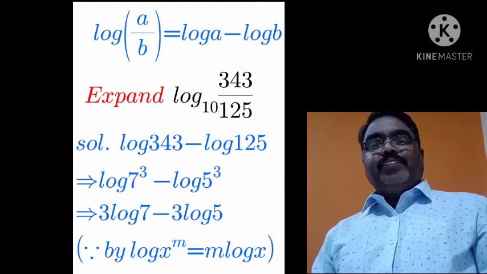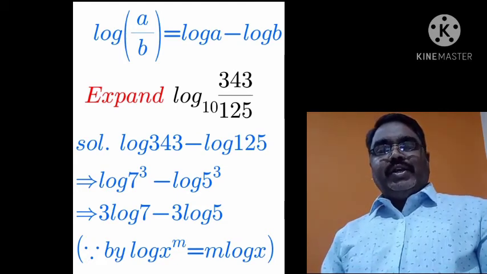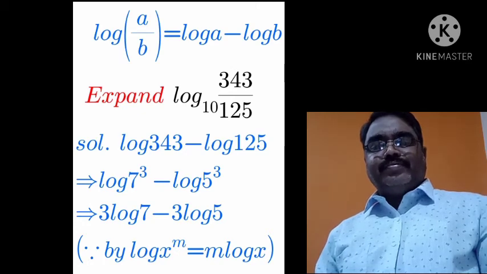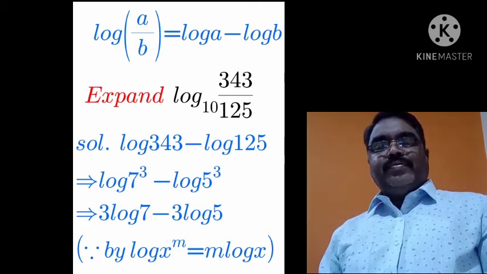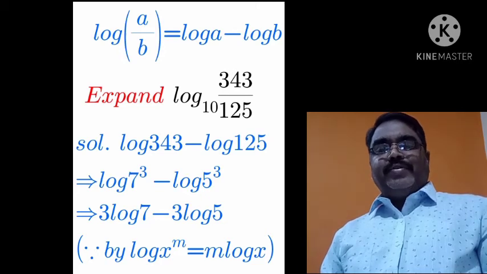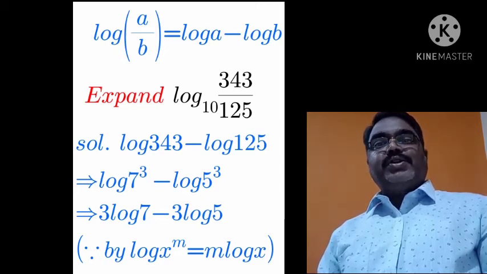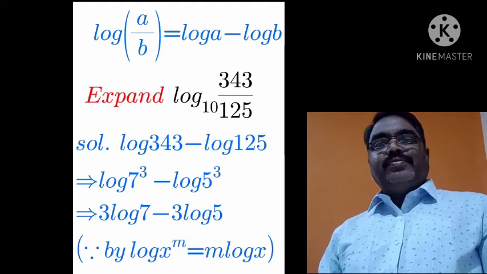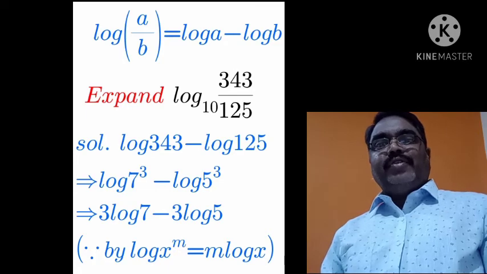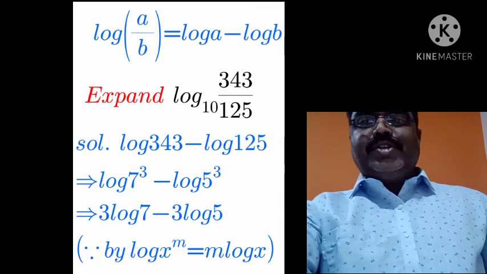Log 5 cube can be written as 3 times log 5. So this way it is expanded by making use of the laws of logarithms. Here we have used quotient law and exponent law of logarithms in this example.